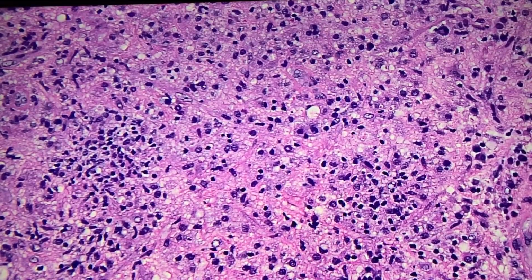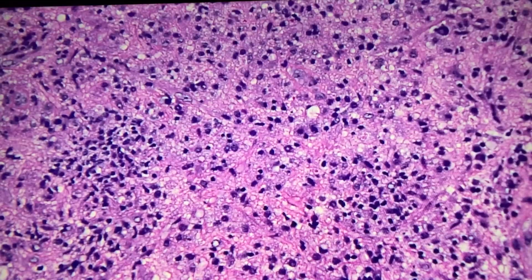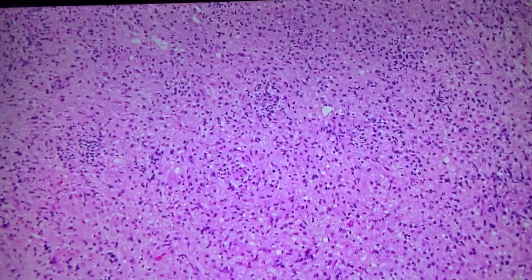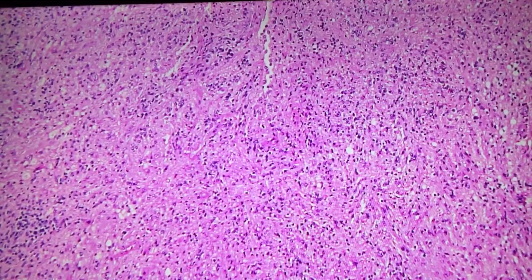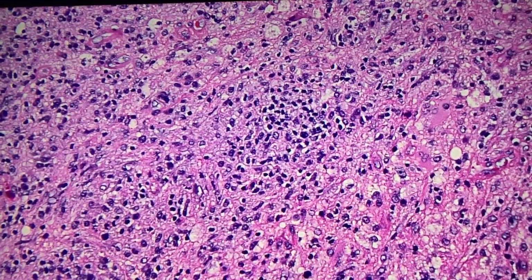Do you see those on high magnification? Not so much in this field. I think in a field that we went by earlier on a slightly higher magnification, there might be one in the upper right of that field. A couple of slightly more atypical cells in there.